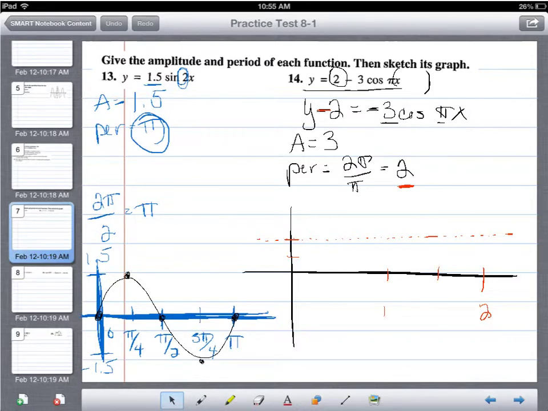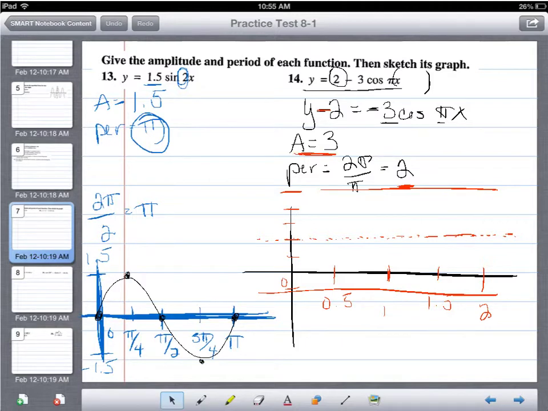I'm going to quarter this up. So this is 1.5, this is 1/2, and here we've got 0. So those are our action points when I've got that quartered up. And then amplitude, we've got to go 3 above and 3 below this ground level dotted line, because that's what our amplitude is. And here's where it stops, right at 2. Okay, so if I go ahead and graph this, I'll use green.